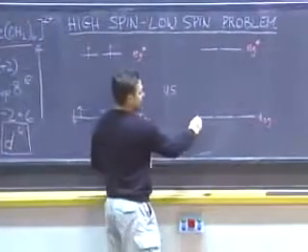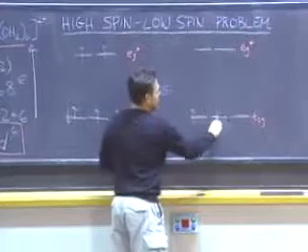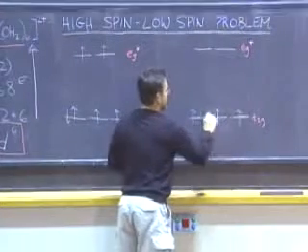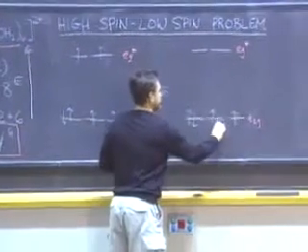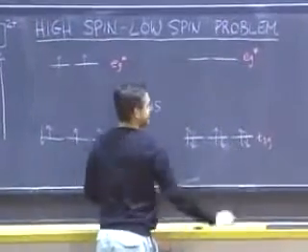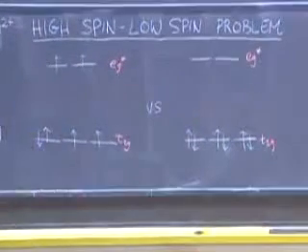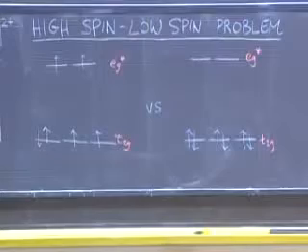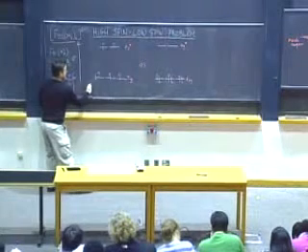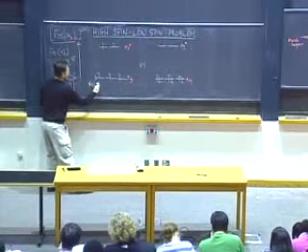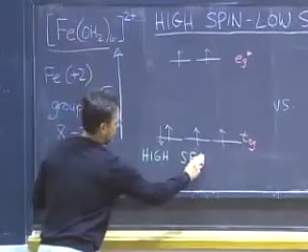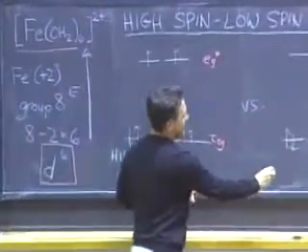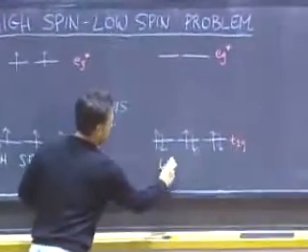And finally, we could populate the diagram this way. The case on the left is what we call high spin. The case on the right is what we call low spin.